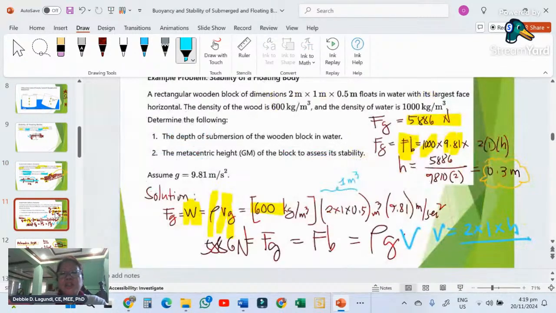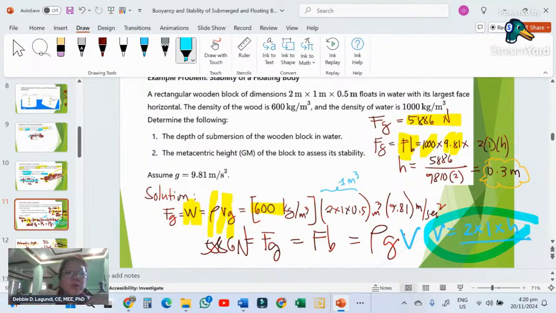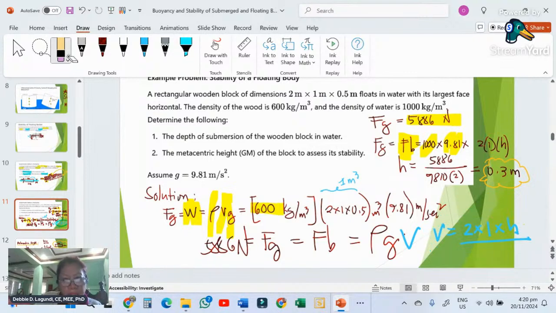All right, so did you understand about the volume? The 2 in length, and 1 for the width, and the height will be H. We don't know that. You just comment down below if you didn't understand. But once I give you this copy, then maybe you can understand it better. I hope I'm giving justice to it.